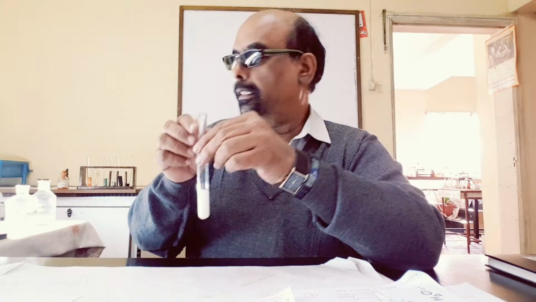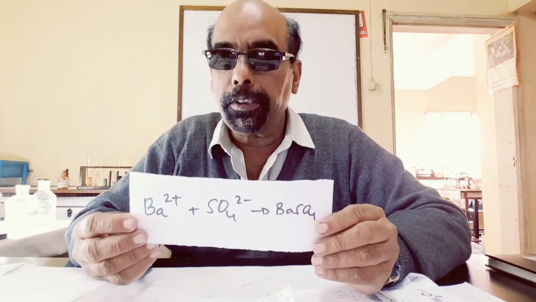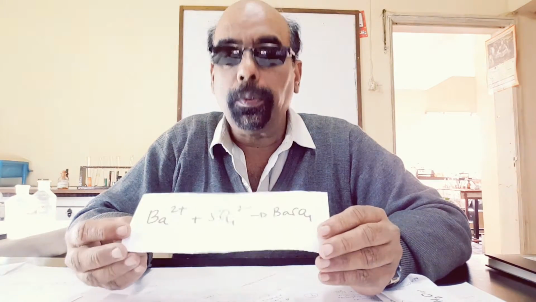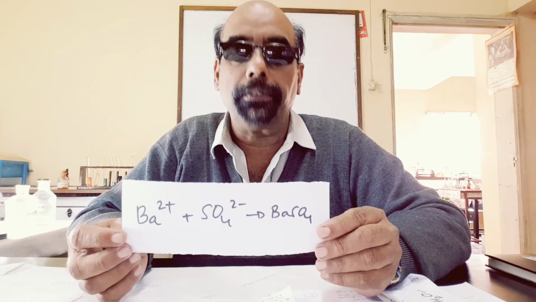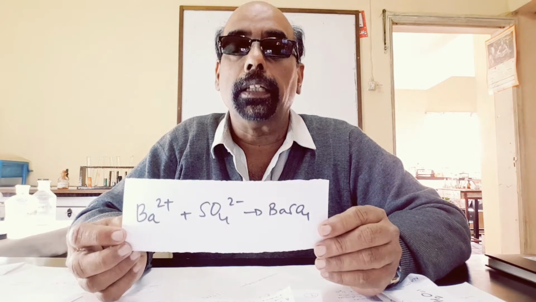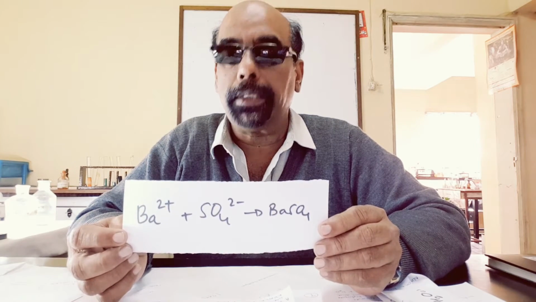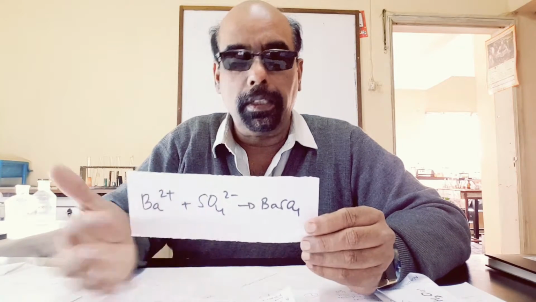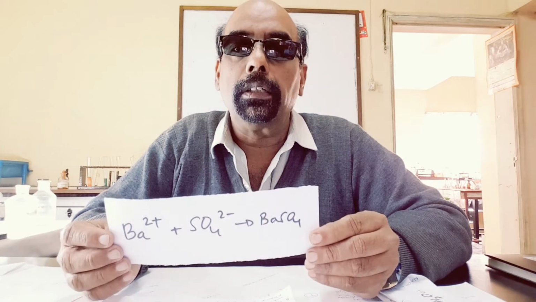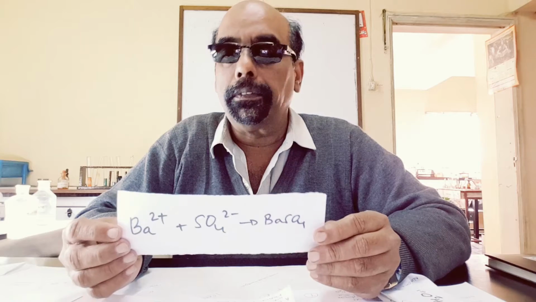I obtain barium sulfate as a white solid. This barium sulfate is used in the making of paints. So barium from barium nitrate reacts with sulfate from manganese sulfate to form barium sulfate, a white solid, a white precipitate. These are aqueous solutions and give a white solid precipitate, barium sulfate.